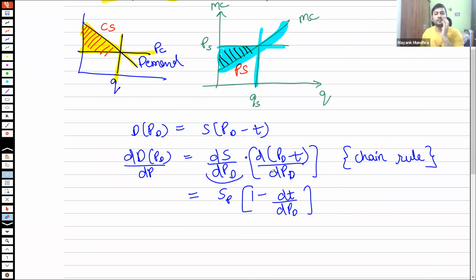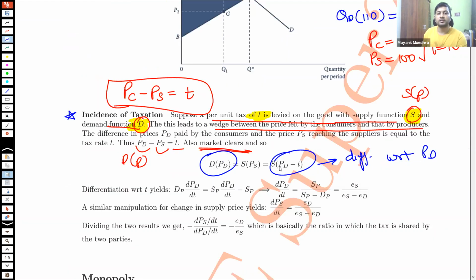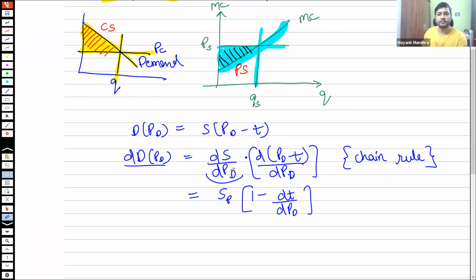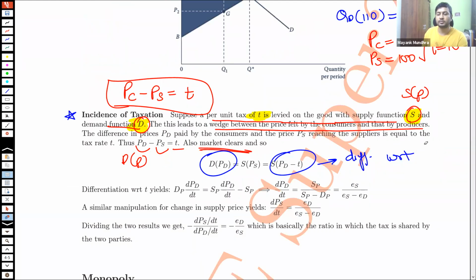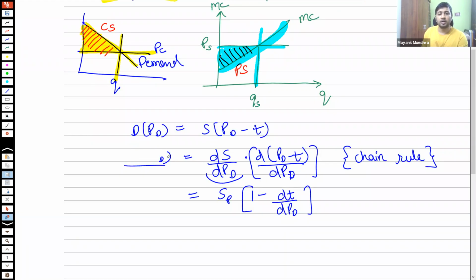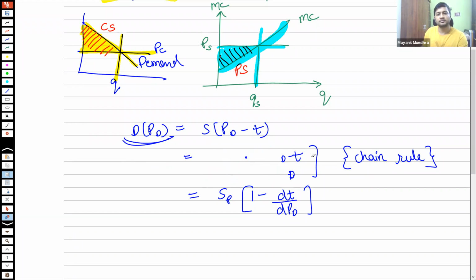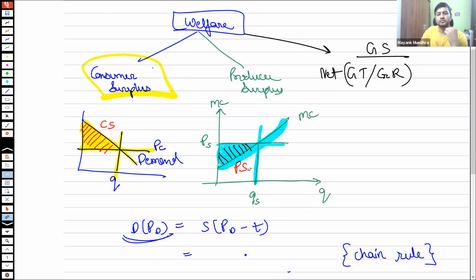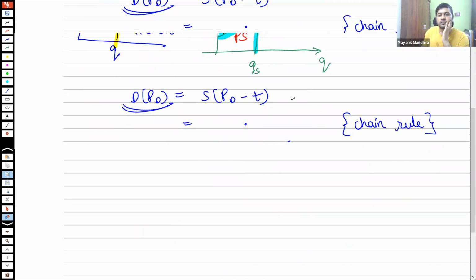Oh, sorry, I have to differentiate with respect to taxes. Differentiate with respect to tax, not with respect to PD, because you're not changing PD, you're changing taxes. So let me get rid of all this.